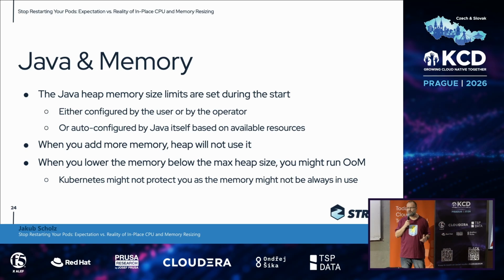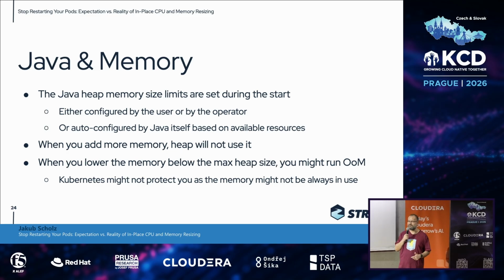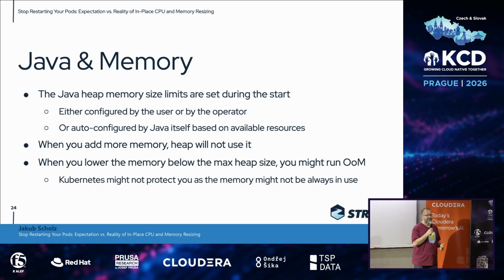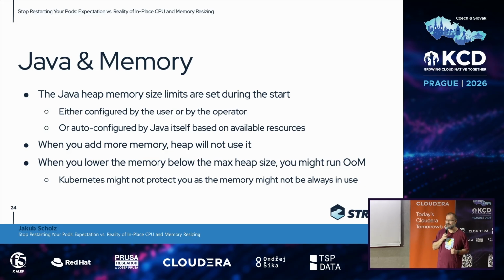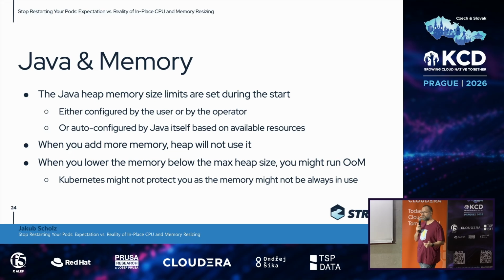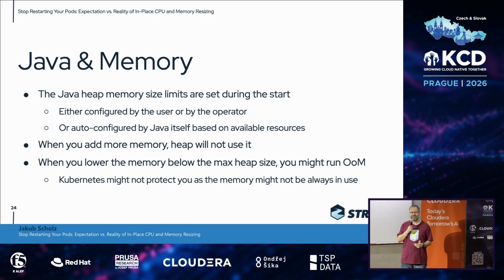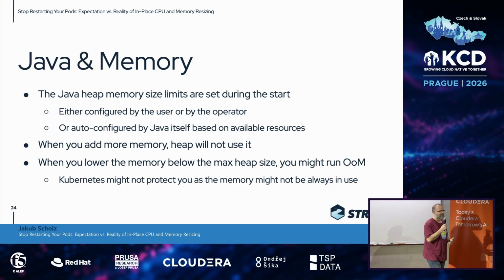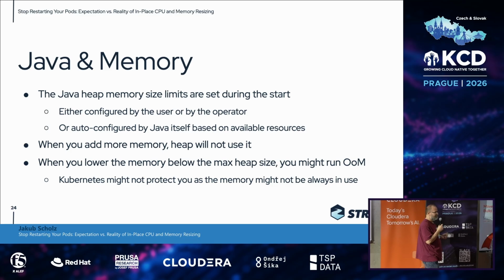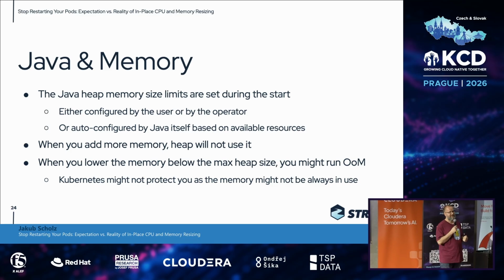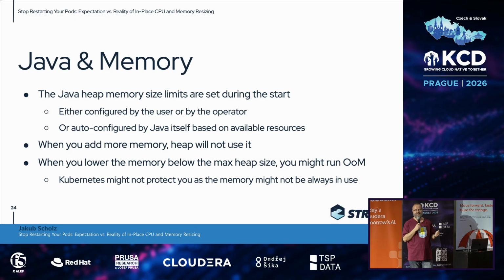So Kubernetes would let you resize the memory of the container from the original 5 gigabytes to 1.5 gigabytes, for example. But Java would not be aware of it, and a few minutes later it decides to allocate some memory, and it still lives with this 5 gigabyte limit. So you would suddenly run out of memory. Kubernetes gives you some protection, but it doesn't really know about the insides of the container and what runs there.